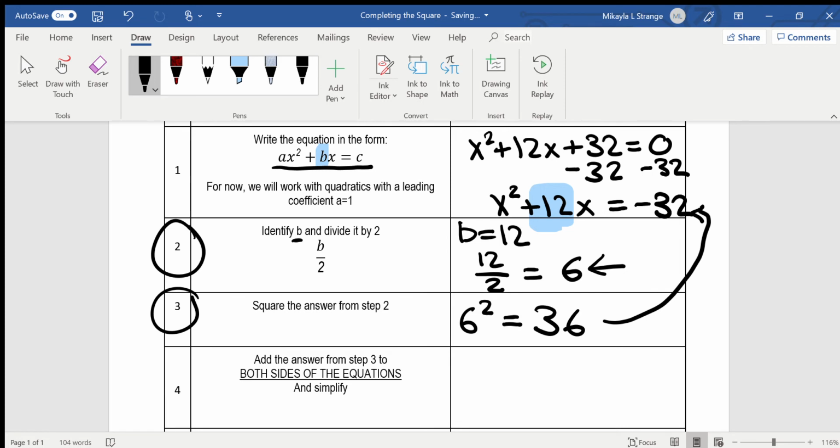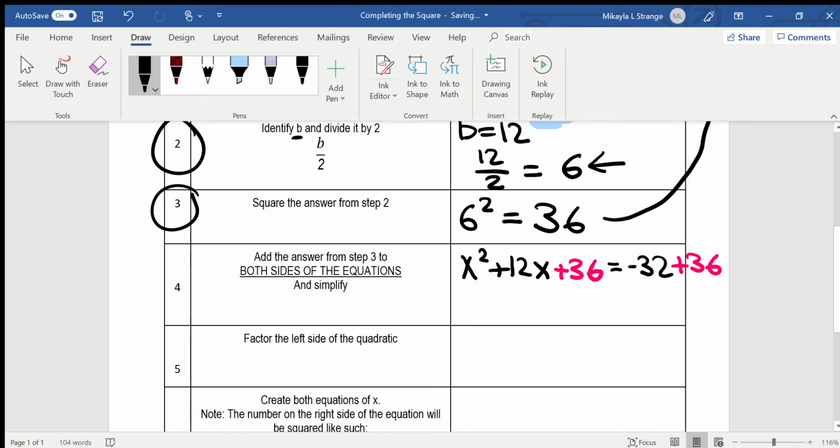So that's going to give me x squared plus 12x plus 36 is equal to negative 32 plus 36. Simplifying this, I get x squared plus 12x plus 36 is equal to 4.